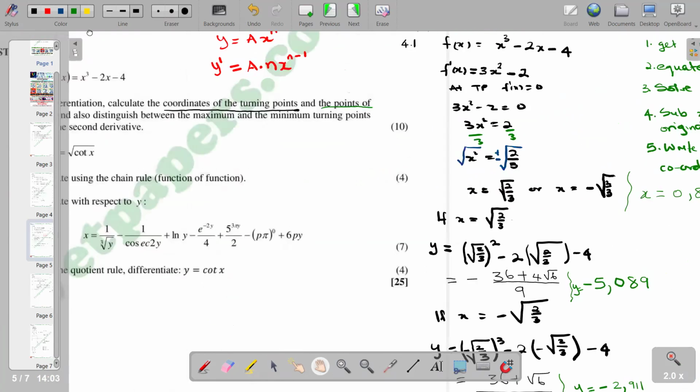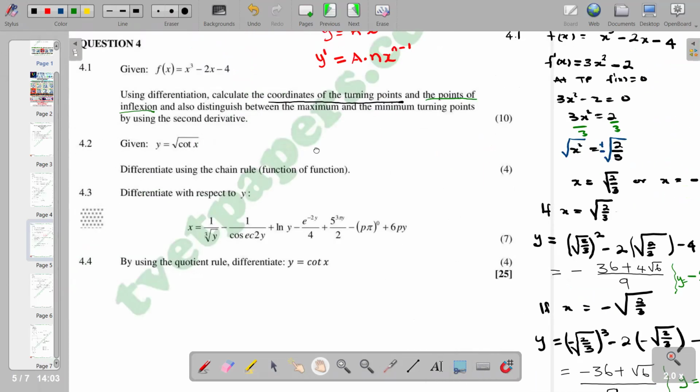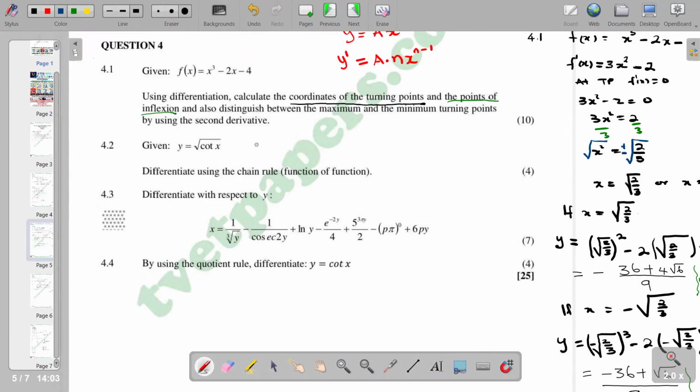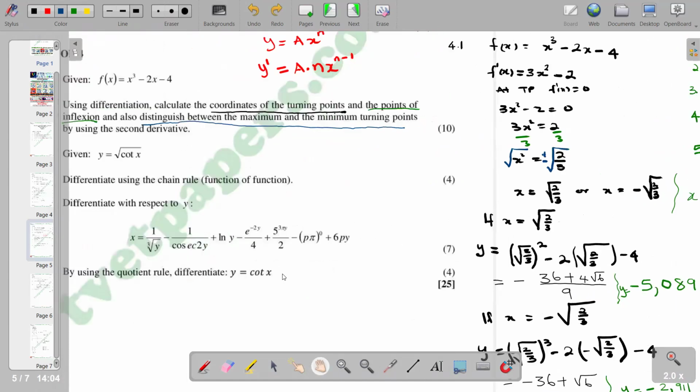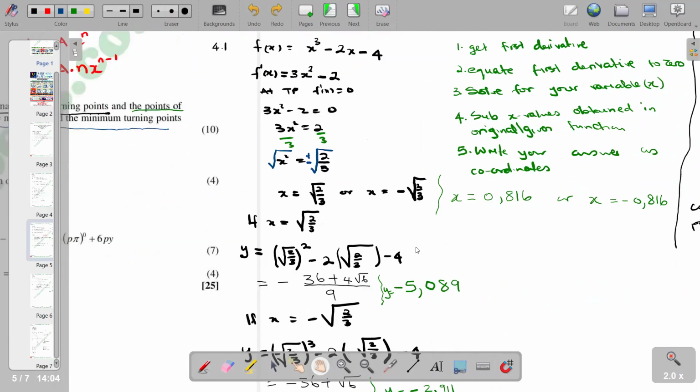They are saying and also distinguish between the maximum and the minimum turning points using the second derivative. So to distinguish that, it means we have to substitute the coordinates that you obtained.